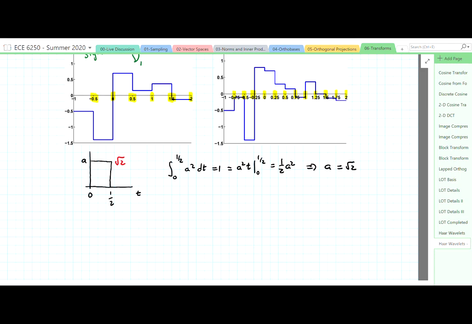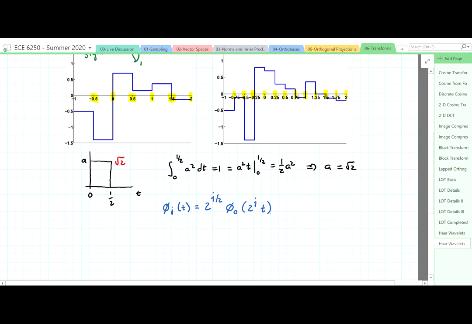And in general, I think it's easy to see that if we have phi j of t being the basis for Vj, well, actually it's the shifts that are the basis, and we'll get into that, but the foundational element for the basis of Vj is going to be 2 to the j over 2 phi 0, but now we're going to squish it.